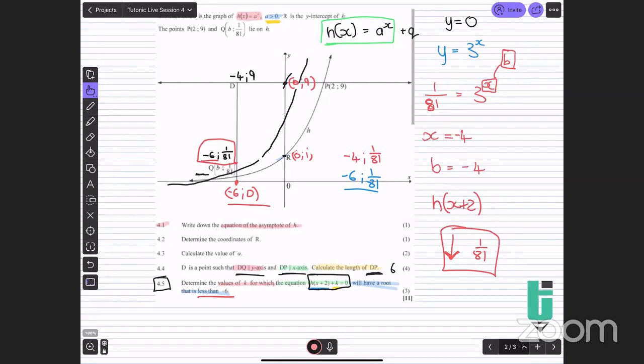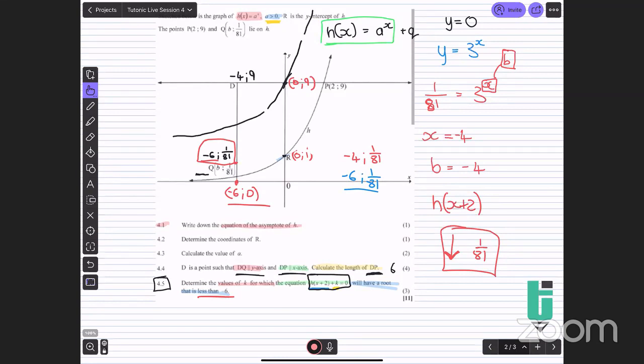But can I move this up indefinitely? What happens when I move it up like this? Does it touch the x-intercept? Don't have a root. There's no root, right? There's no root if I move it above.